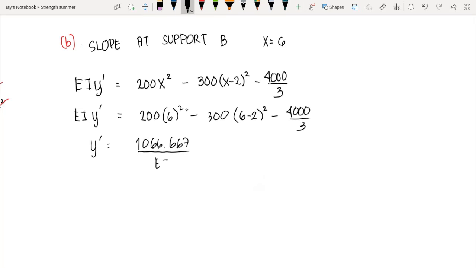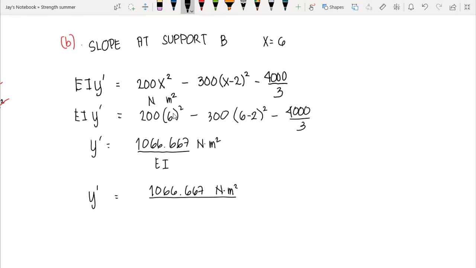Over EI. So we have the unit here: since this is in Newton and this one is in meter, and we squared it, therefore we have meter squared. The unit of our slope is in Newton meter squared. Now our EI, we have already computed this one. Our E is 12 gigapascal, so we write it in our denominator.